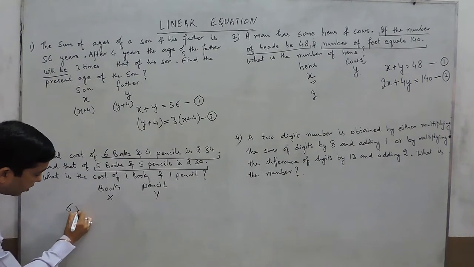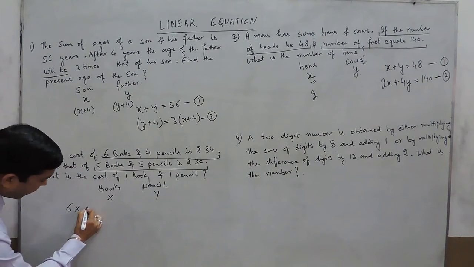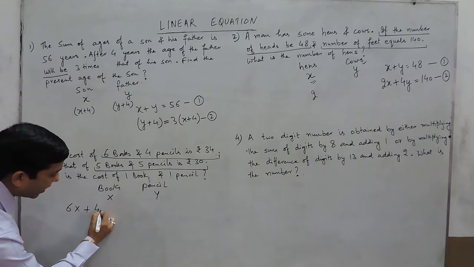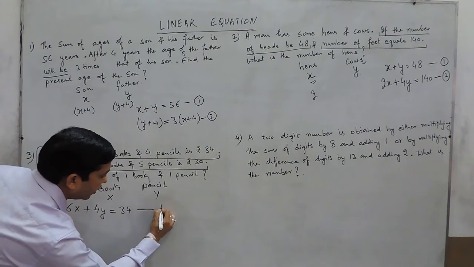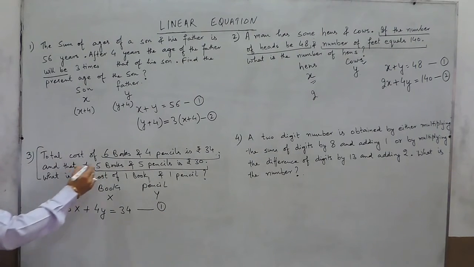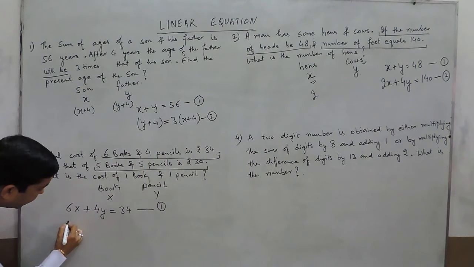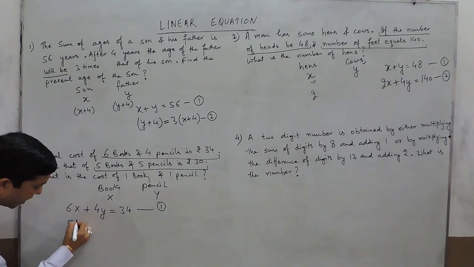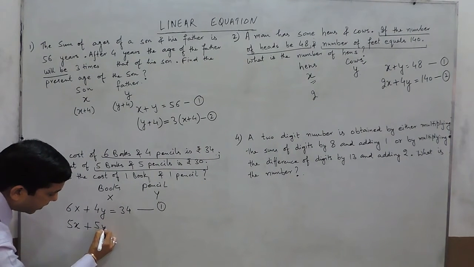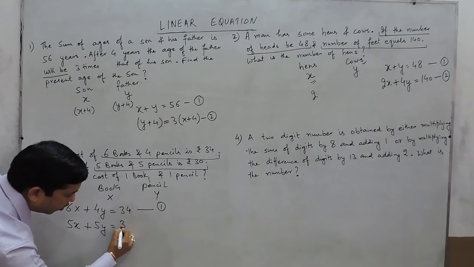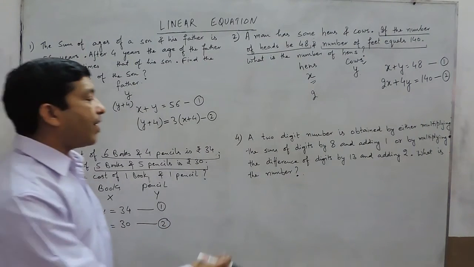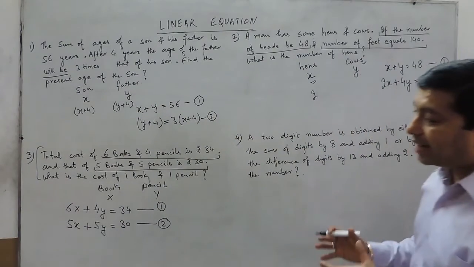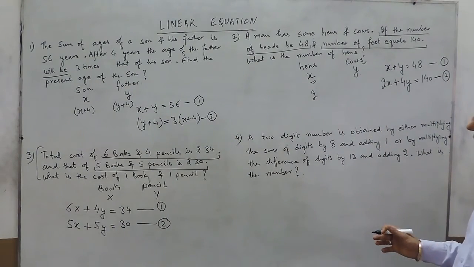Now 6 books cost 6x plus 4 pencils means 4y, and the total amount is 34. This is the first equation. Now 5 books and 5 pencils cost rupees 30. That means 5x plus 5y is equal to rupees 30. So this is the second equation. So we should know how to make the equations and then to solve them.